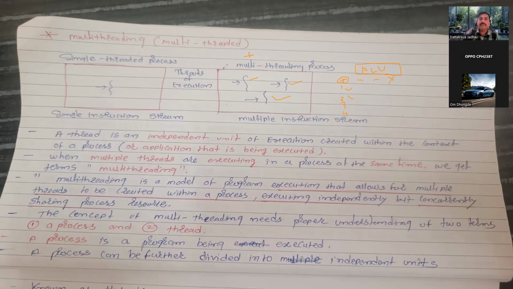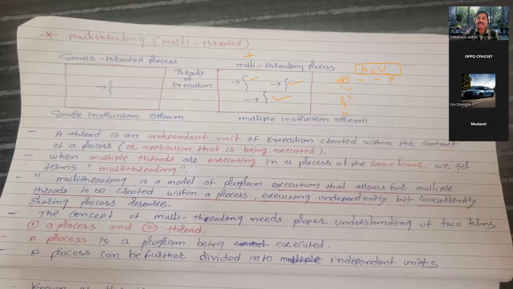The best example for multi-threading: a thread is an independent unit of execution created within the context of a process, or we say an application being executed. When multiple threads are executed in a processor at the same time, we get the term multi-threading.